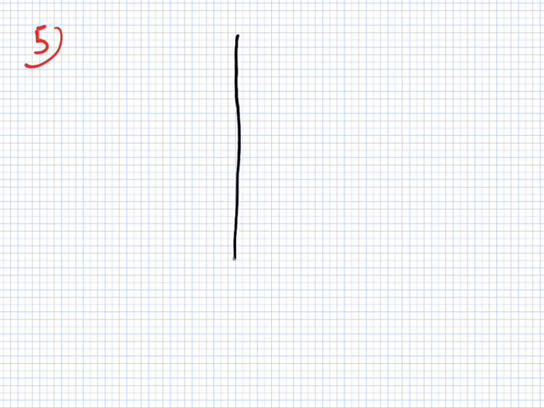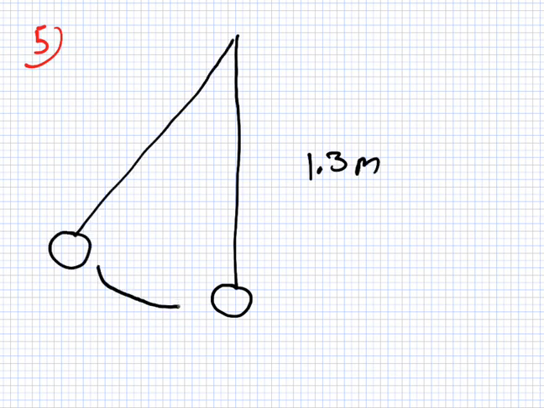Its length is 1.3 meters. And it starts here and swings down to here, and I want the speed here. And they give you the A. They tell you that tan A equals 5 over 12.